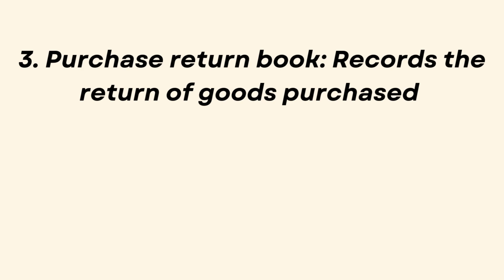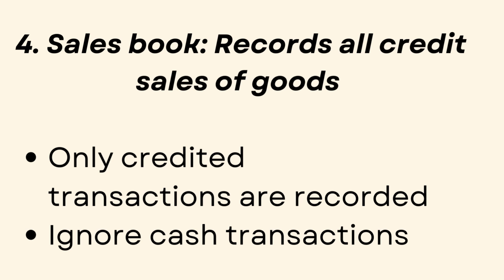Next we have the sales book. In the sales book we record all credit sales of goods, all credit transactions related to sales of goods. As in the previous example, you being a customer have written in the purchase book, but think about the person who sold to you, that shopkeeper.